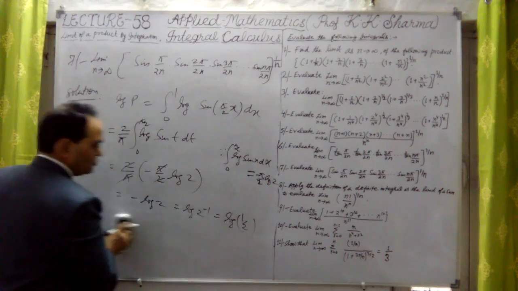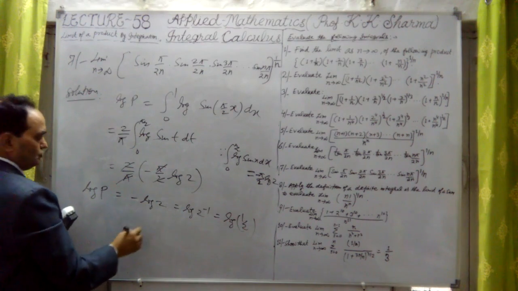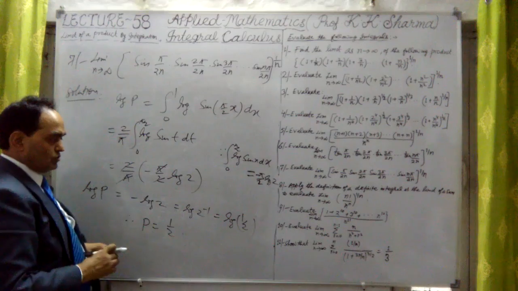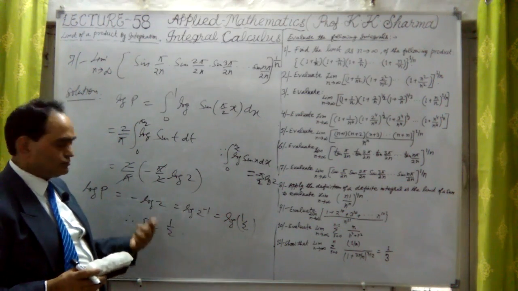So log p equals log 1 upon 2. Therefore, p is equal to 1 upon 2.